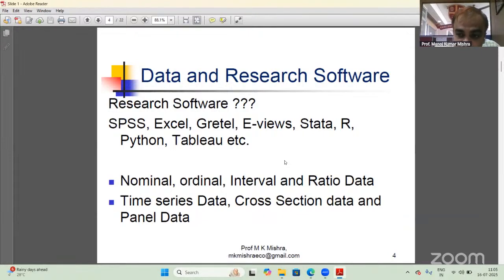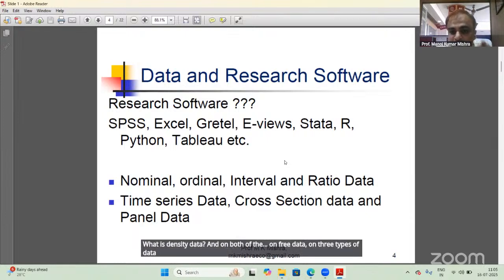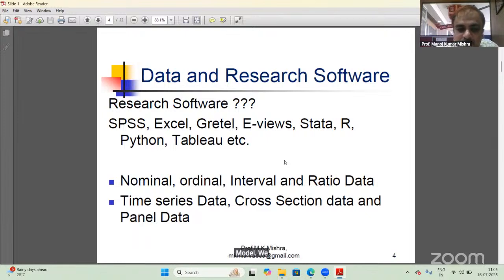We make the econometrics model based on these three types of data. The nature is somewhat different. We need more classes for understanding this, but here I am making it very brief and basic.